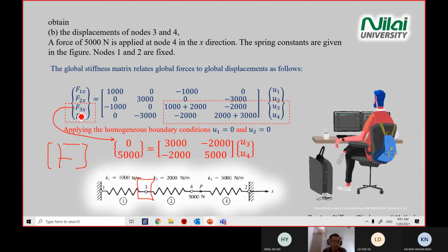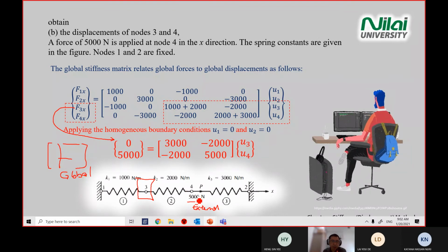and F4x equals 5,000. Why is there a 5,000 there? Because the question already gives us an external force at point number 4. So this capital F is a global dimension, meaning you're looking at the outside of the system, and outside the system there's one external force, which is 5,000.